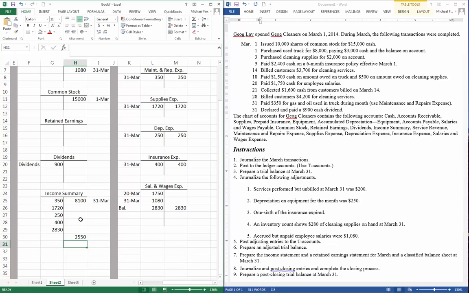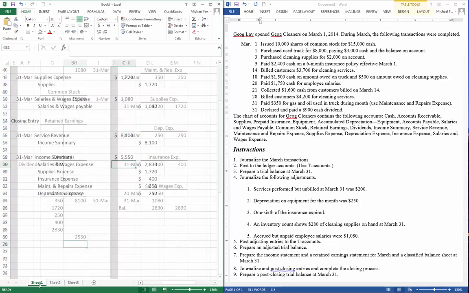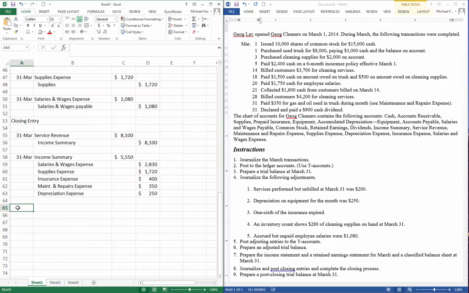And then what we're going to do is close out income summary because it's just a temporary account used just for closing. So if it has a balance of $25.50 on the credit side, we have to debit the account $25.50 to make it 0, and we've got to credit it somewhere, and where we credit it is retained earnings. So the journal entry will look like this.